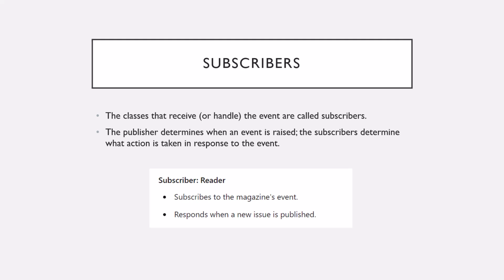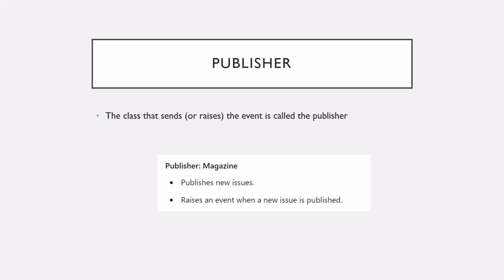In this scenario, the magazine company, the publisher, creates content and publishes a new issue every month. The magazine company does not know who exactly is going to read that magazine, but they know that people have subscribed to it. That is the part of the publisher.